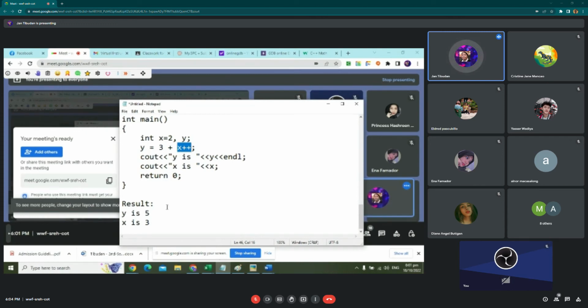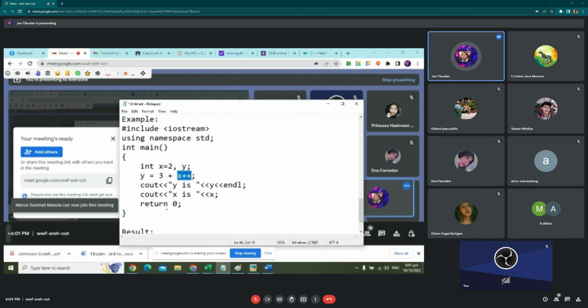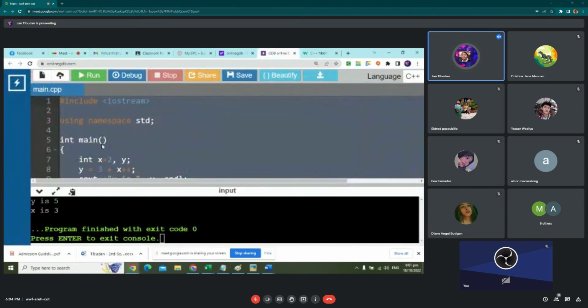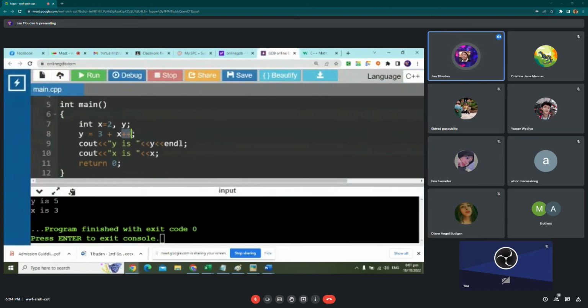Now, class, the increment is the same with the decrement. So, minus minus. So, if you take a look at this, if we do minus minus, class, it decrements by 1. But as for this time, the output is still 3. Okay? In here, okay.